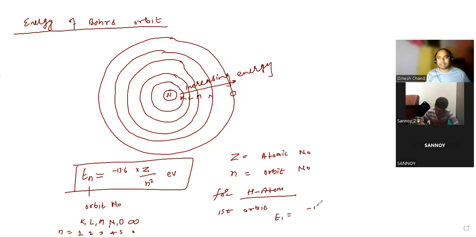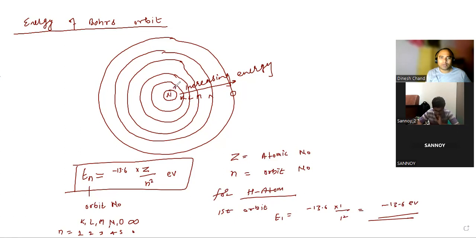So it will be minus 13.6 into 1. The atomic number of hydrogen is 1, and here it is 1 squared. So it is the same, 13.6 electron volt, and this will be negative. Is it okay? Yes, sir.